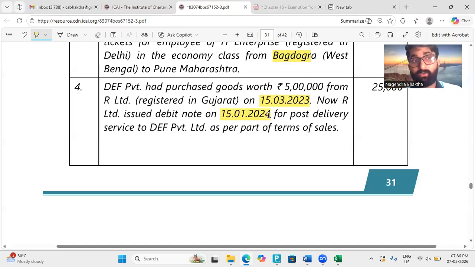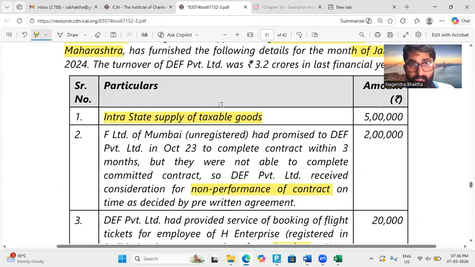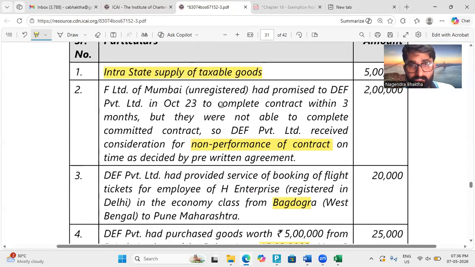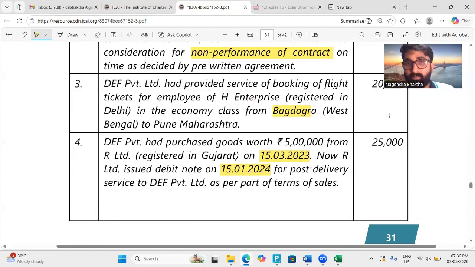So that means for this debit note, the last day to take the ITC is 30th November 2024. So you can take ITC. Registered in Gujarat and this guy is in Maharashtra. So it is IGST. So ITC can be taken. We will write that in while computing ITC.